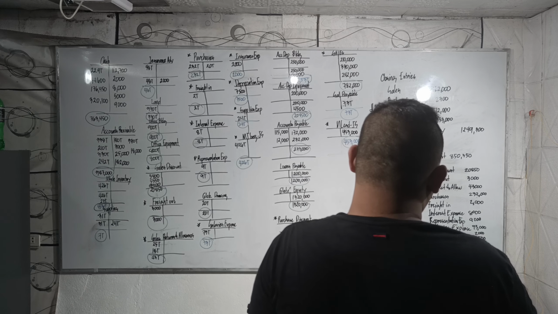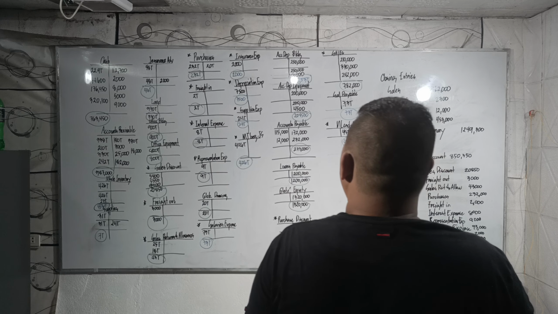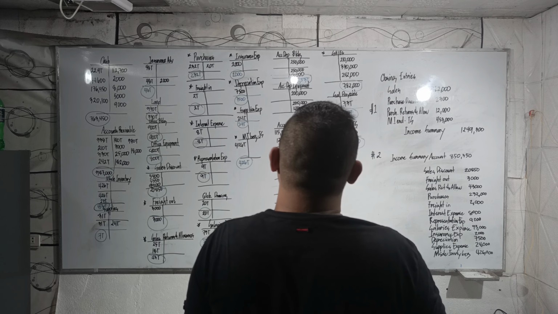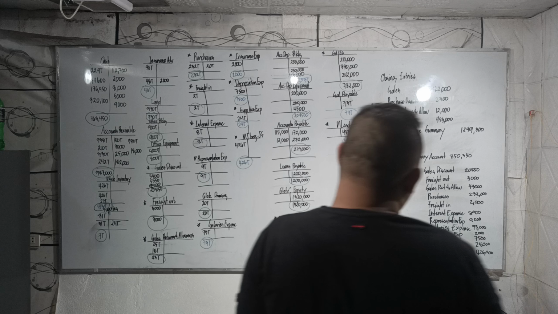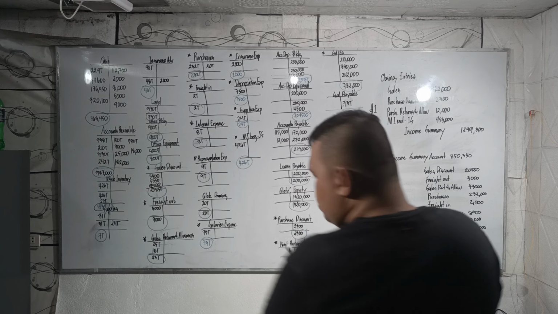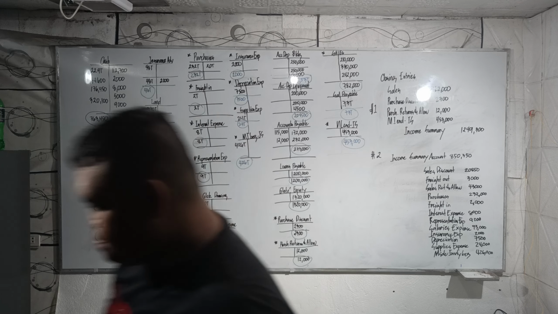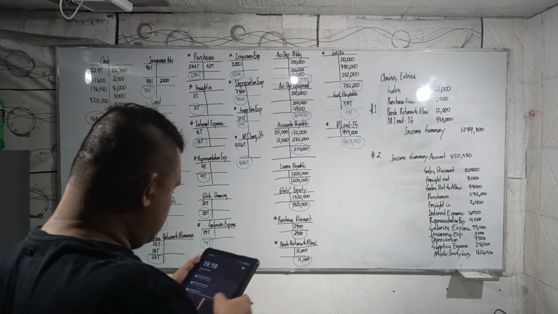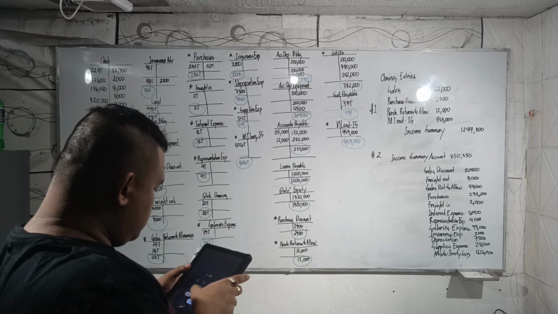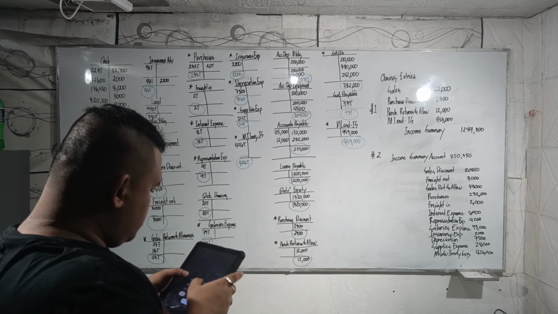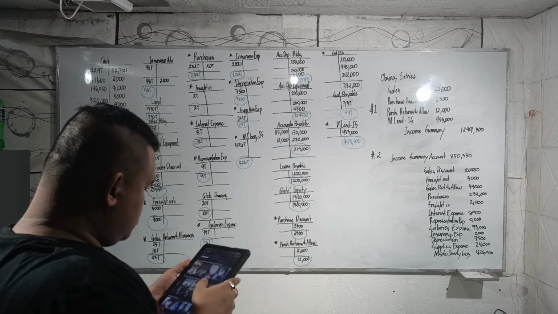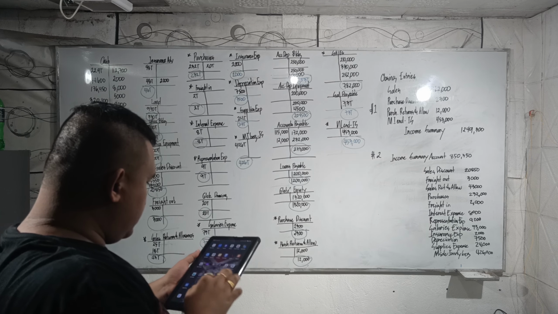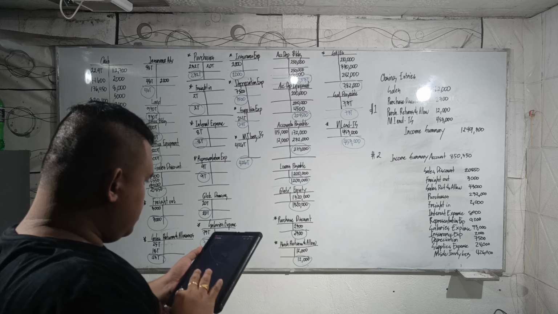We have supplies expense of 24,000, depreciation expense, insurance expense. What did we miss? Because supposedly, that should be the same. Let me check our past video, okay? Just wait for me.